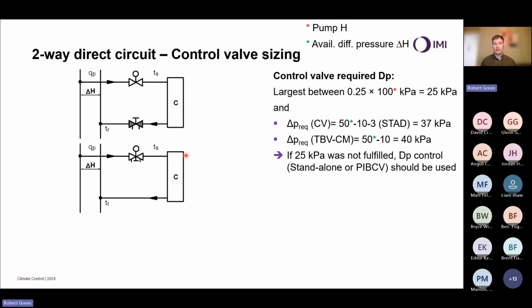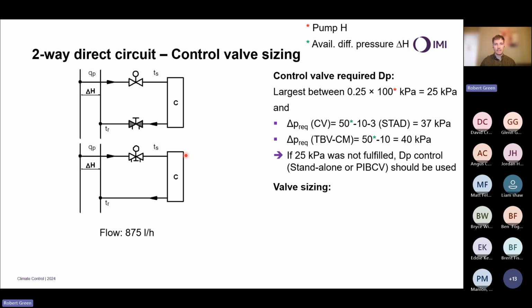If we can't fulfill 25 kilopascals because, for example, the available head was too low, we want to start looking at standalone differential pressure control or pressure independent control valves, because if we can't achieve 25 kilopascals, we're not going to get the minimum authority we need for a good level of control.